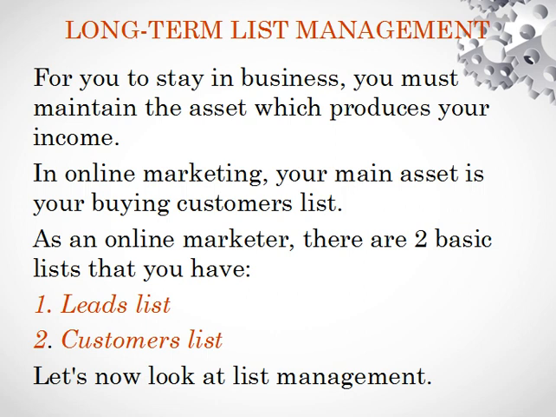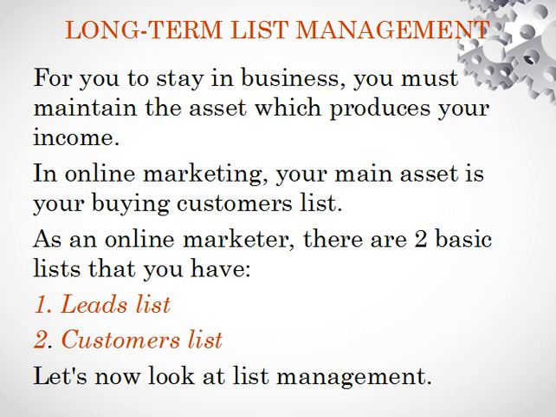So we're looking at long-term list management. For you to stay in business, you must maintain the asset that produces your income. You must be able to maintain your asset and make it produce more money for you. You prepare your asset in such a way that it continuously yields you money on autopilot. Now, in online marketing, your main asset is your buying customers list, and we've talked about that again and again, right?